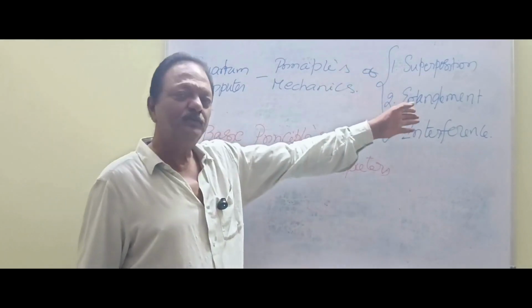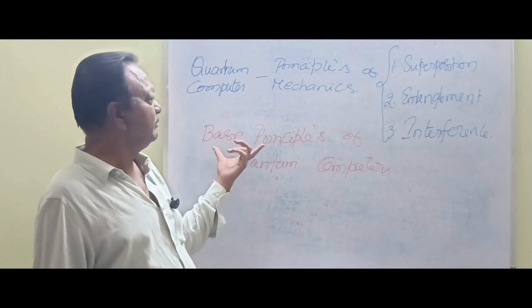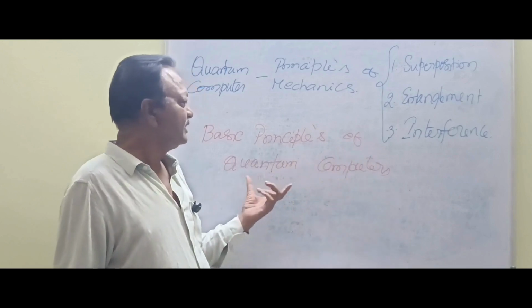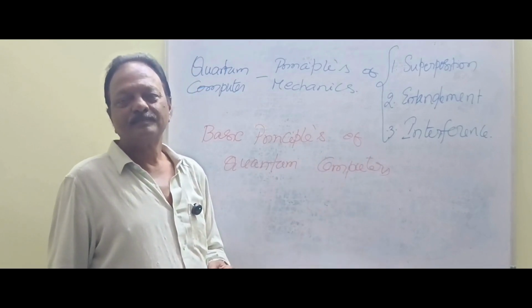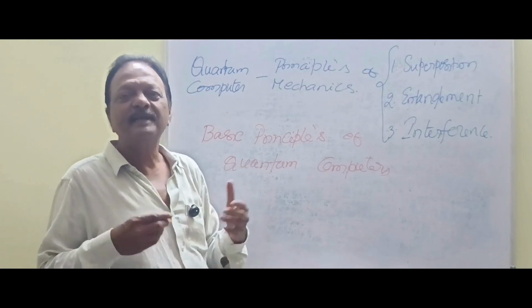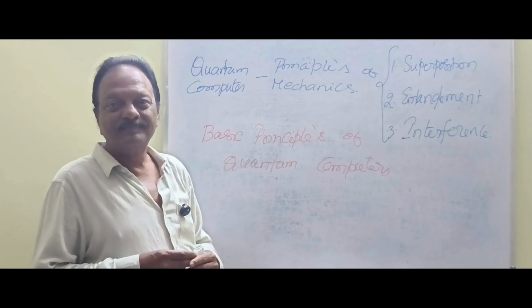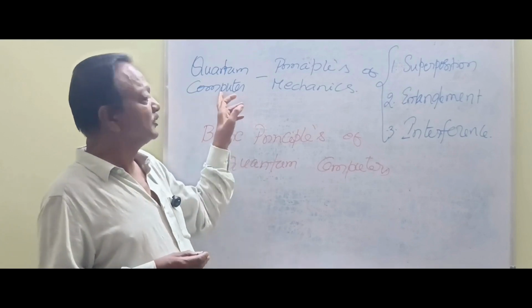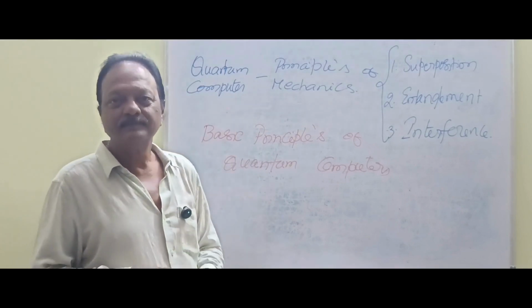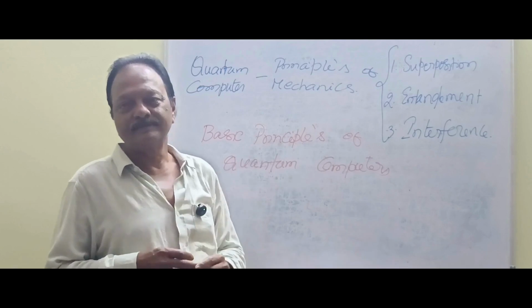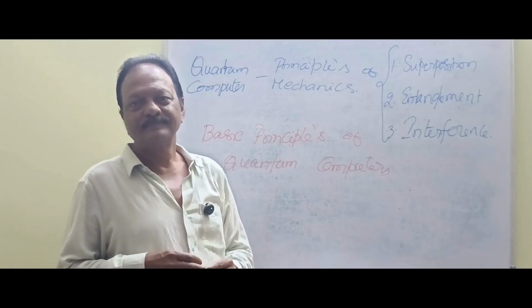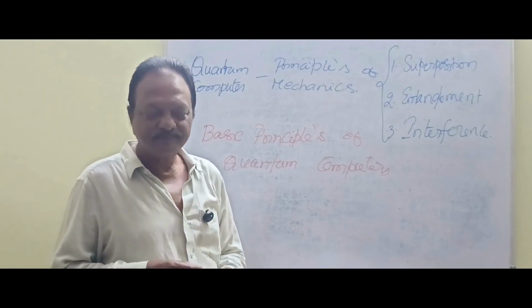We can say these are simply the basic principles of quantum computers. So if you want to solve any type of problem in quantum computers, we have to utilize these three principles. Understood?